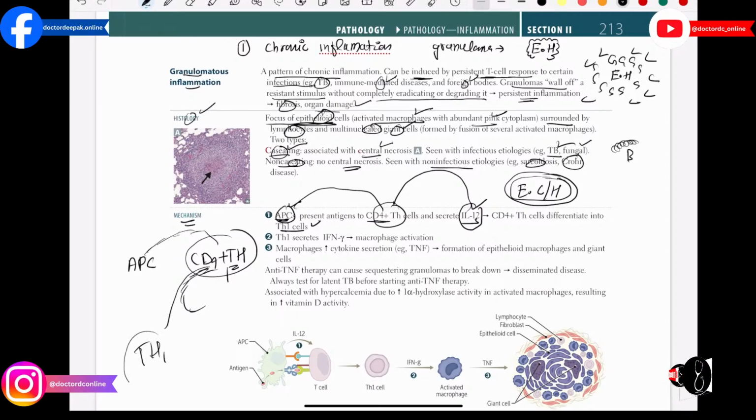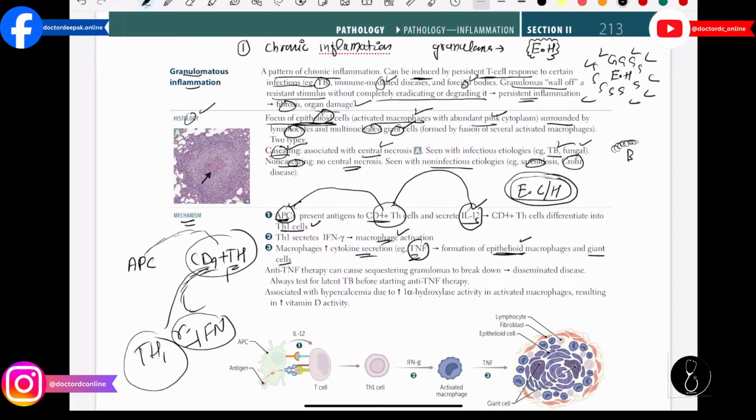And when this T helper 1 cell forms, it will secrete interferon, or you can say gamma interferon, and this gamma interferon will lead to macrophage activation. When the macrophages are activated, they will secrete cytokines like tumor necrosis factor, and this tumor necrosis factor will lead to the formation of epithelioid macrophages and giant cells. So please keep this in mind.